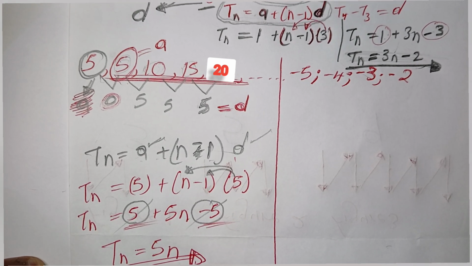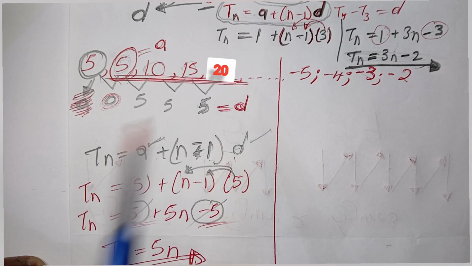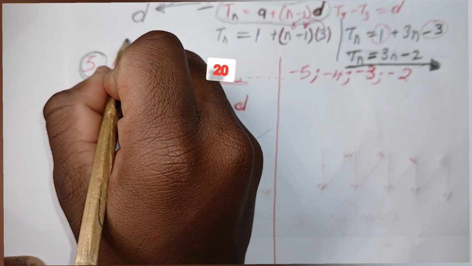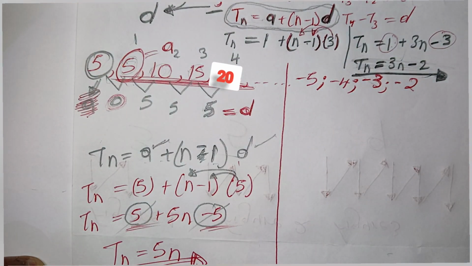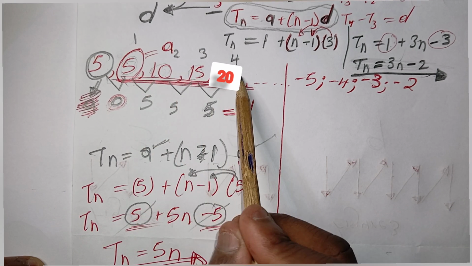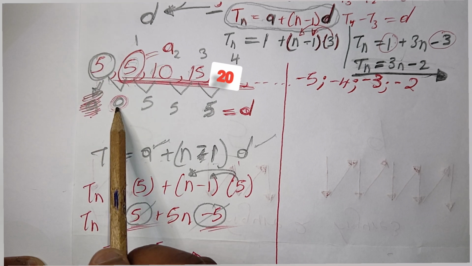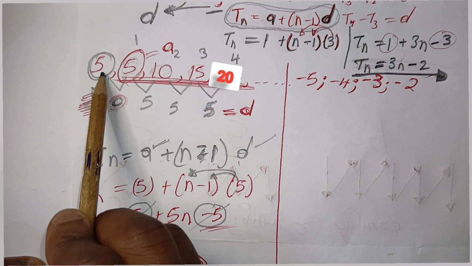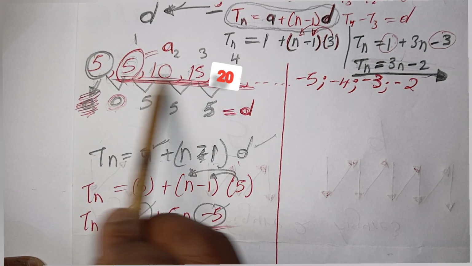To prove to you that this number is not included in this pattern, let me show you something. We know that this is our position 1, 2, 3, 4. This one we don't include, guys, because it just gives us 0, which means it's not part of the pattern.